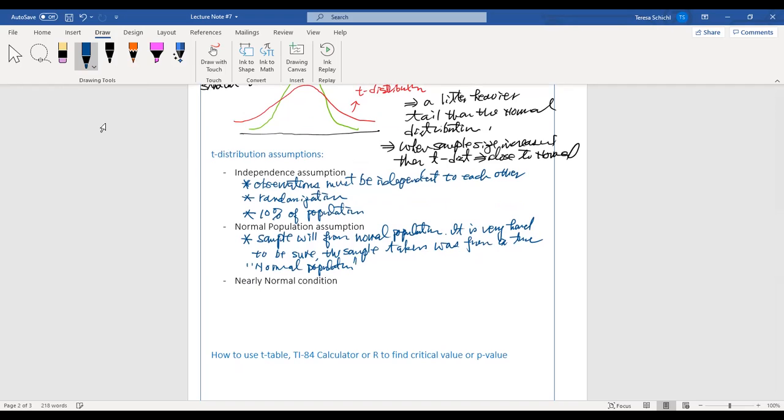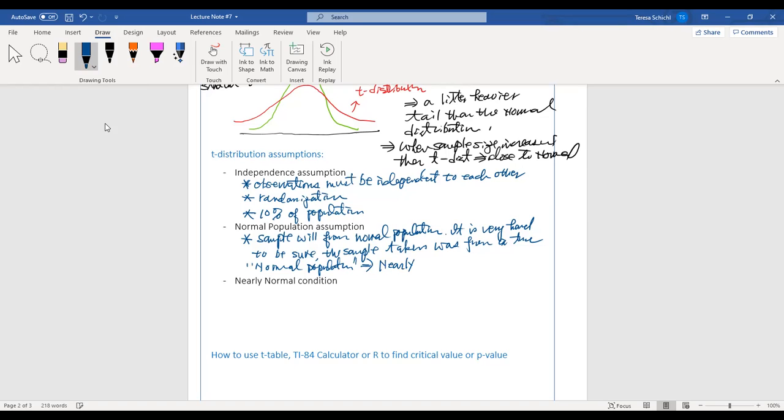So when the T distribution was derived, how do you find out the population is normal? Well, it's very difficult, but if we cannot show it's a normal population, as long as it is close enough, it's good.